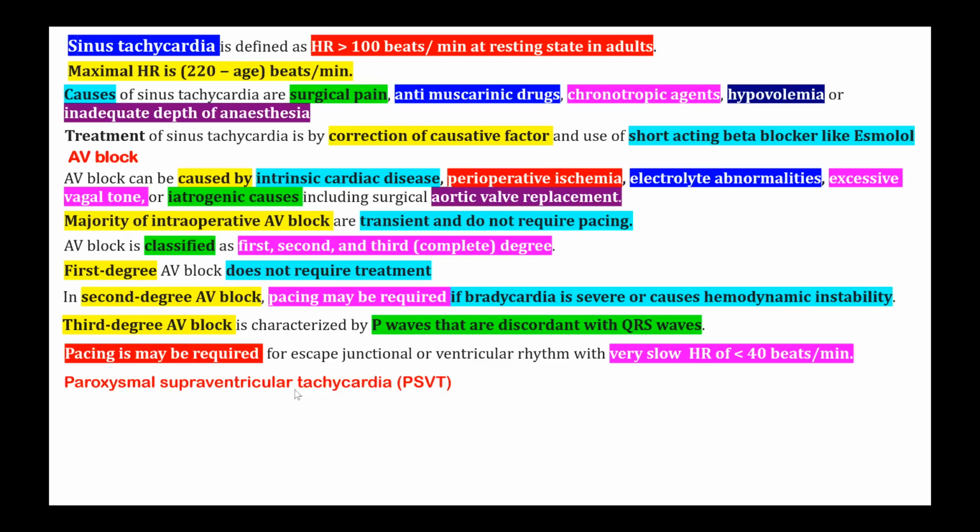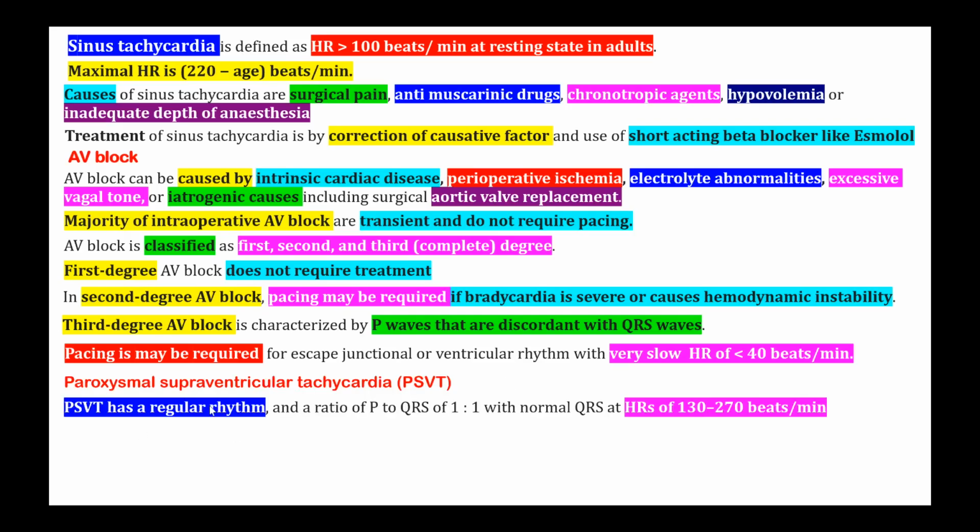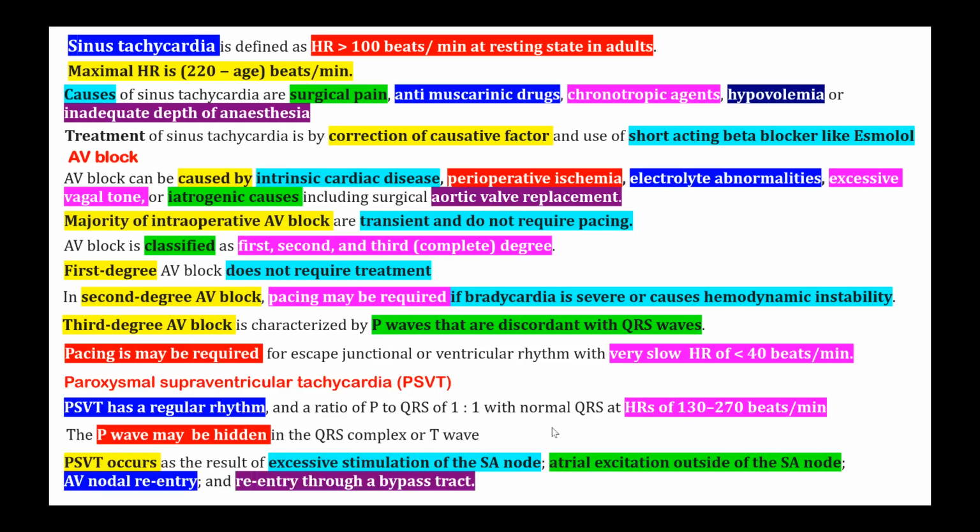Then comes the paroxysmal supraventricular tachycardias, a regular rhythm. The ratio of P to QRS is 1:1, and the heart rate may go from 130 up to a maximum of 270 beats. The P wave may be hidden in the QRS complex or in the T wave, and it will not be seen.